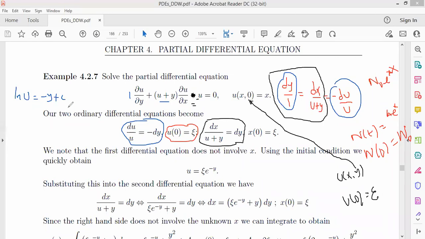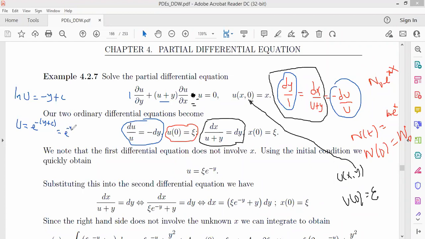Now, what do we do? We are making u the subject. When you make u the subject, this is equal to e to the minus y plus c. I hope we are together. I don't have to really dig into the details of this.